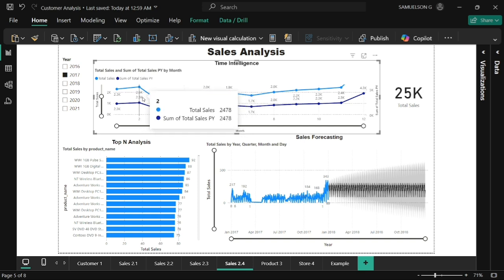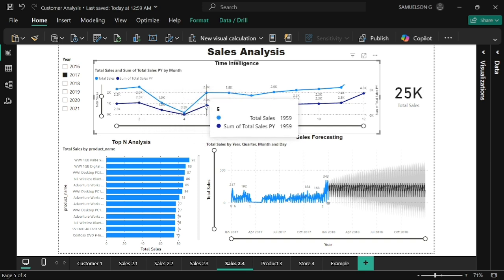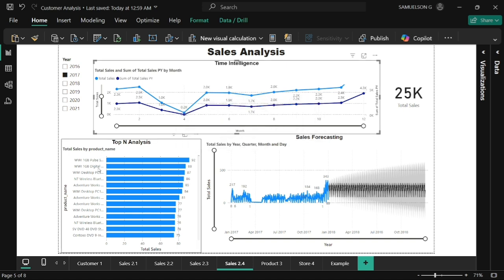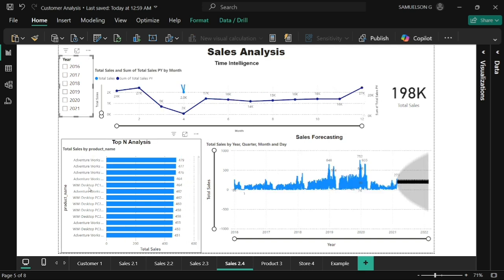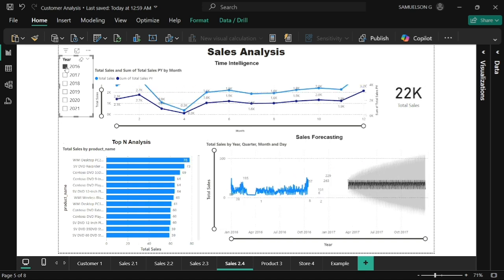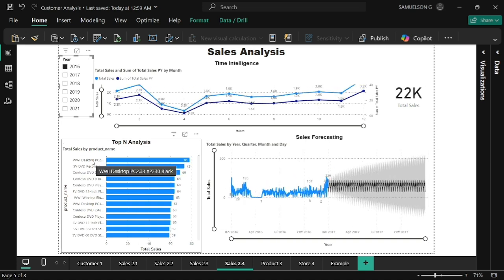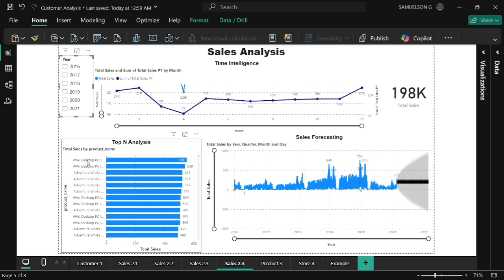It's month wise. And these are the products based on the years, which are the top selling products. You can see first one is desktop. This is for every year up to 2021. This is based on all selling products, in every year from when the company started and the store opened till now.